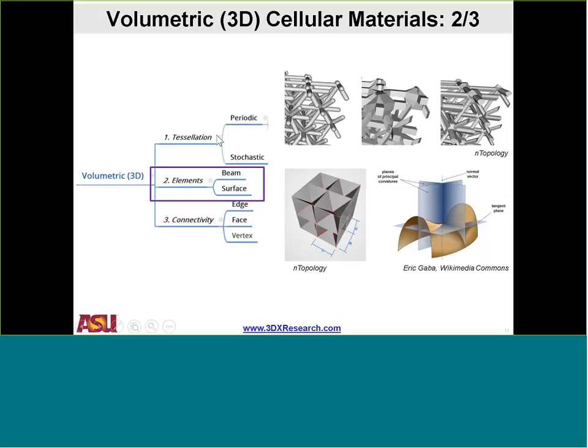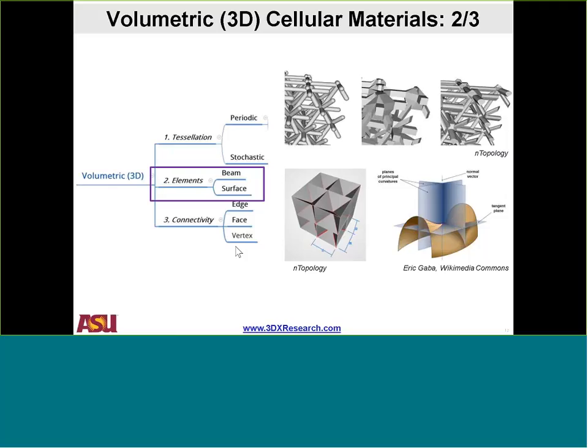I define cellular materials as a material that is constituted of repeating individual cells, and each cell is some combination of material and space. Lattices then become a specific form of a volumetric 3D structure that uses beam elements to connect vertices. So that's how I think about them. I think of lattices as one of many cellular materials.